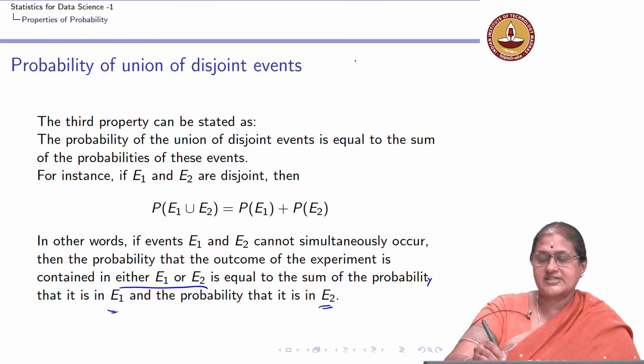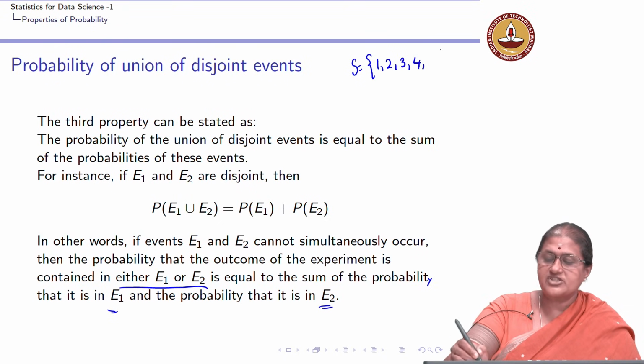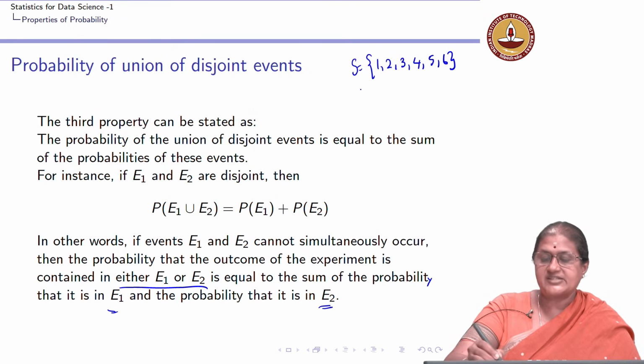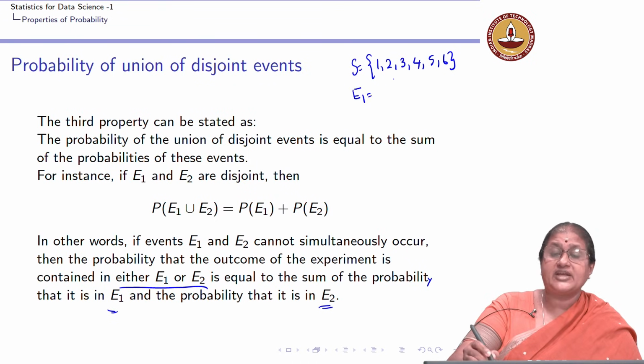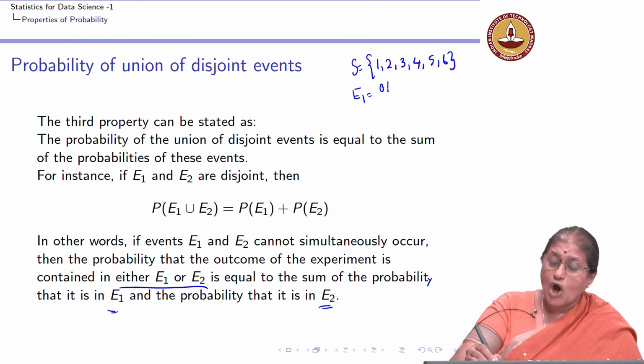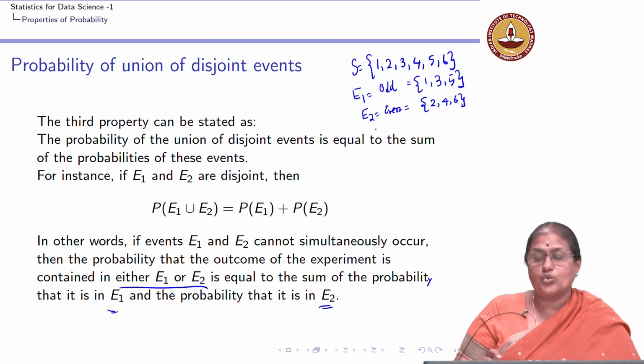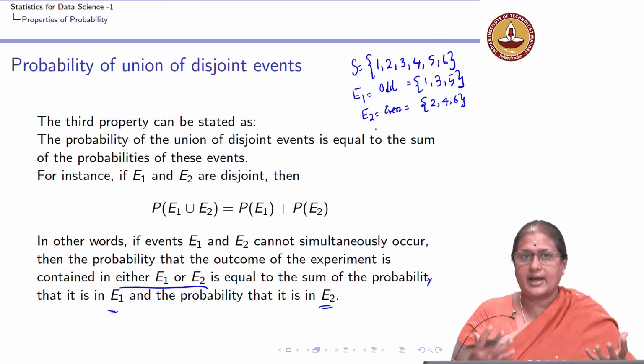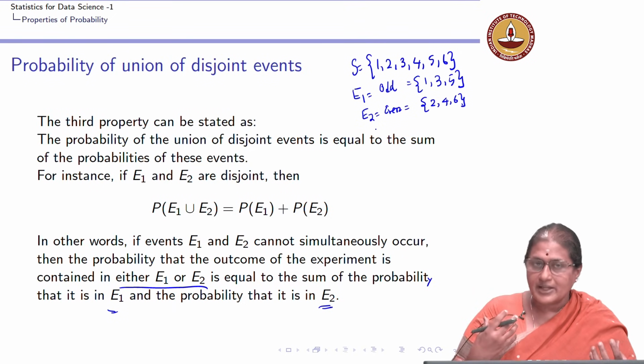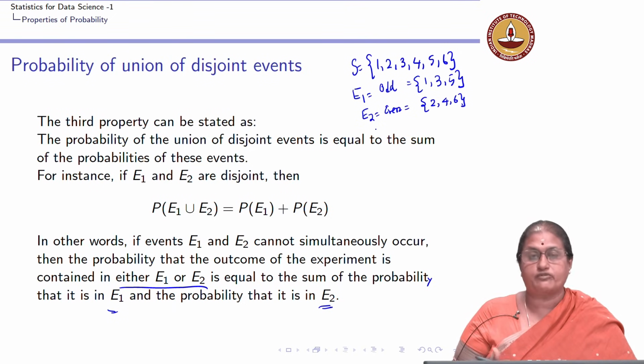For example, let us again take the case of rolling a die. I know this is my sample space. Suppose I define E1 to be the event of me getting an odd number, then I know the outcomes are going to be 1, 3 and 5. If E2 is the event of getting an even number, the outcomes are 2, 4 and 6. I know E1 and E2 are disjoint, that is, I cannot get an odd and even number in the same throw of a die.